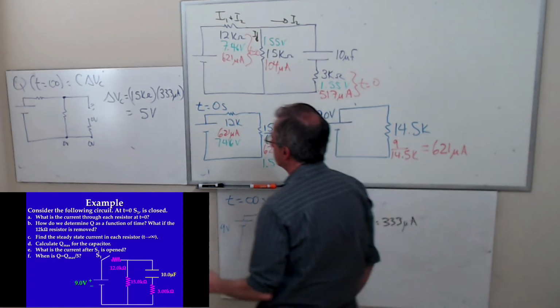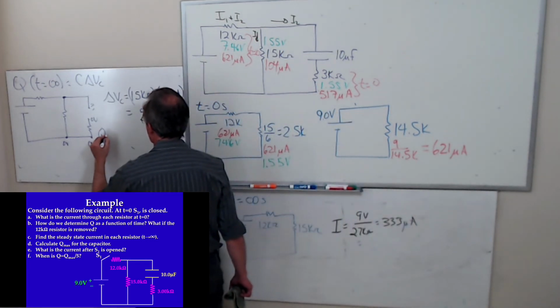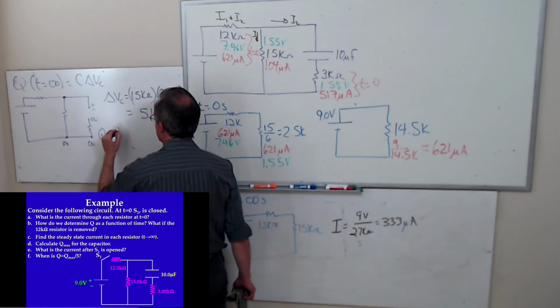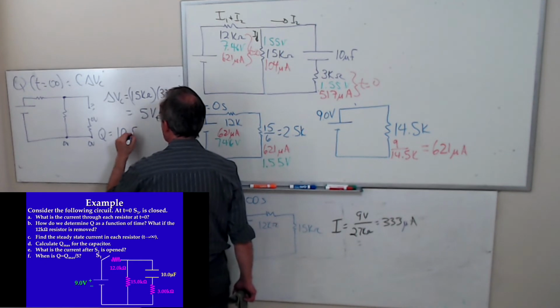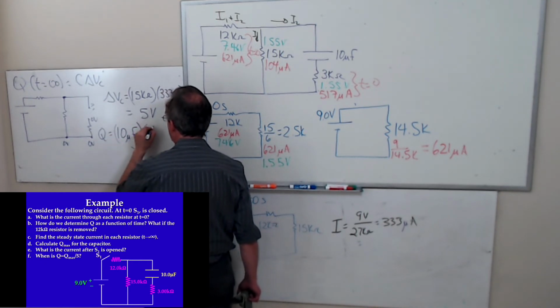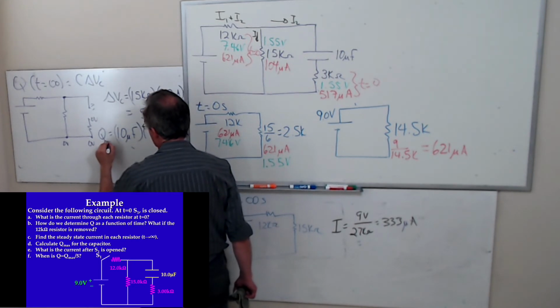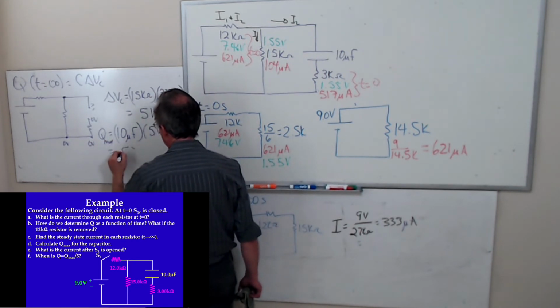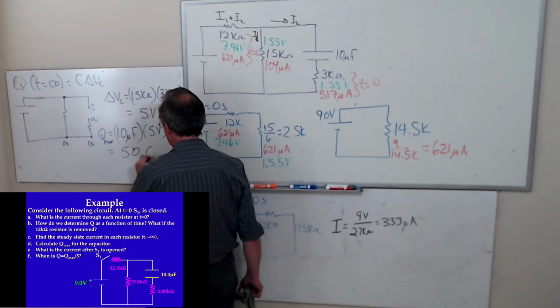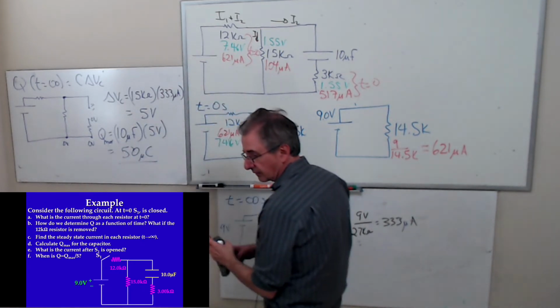And so Q then is going to be 10 microfarads times 5 volts, and it's Q max. 10 times 5 is 50. 50 microcoulombs.